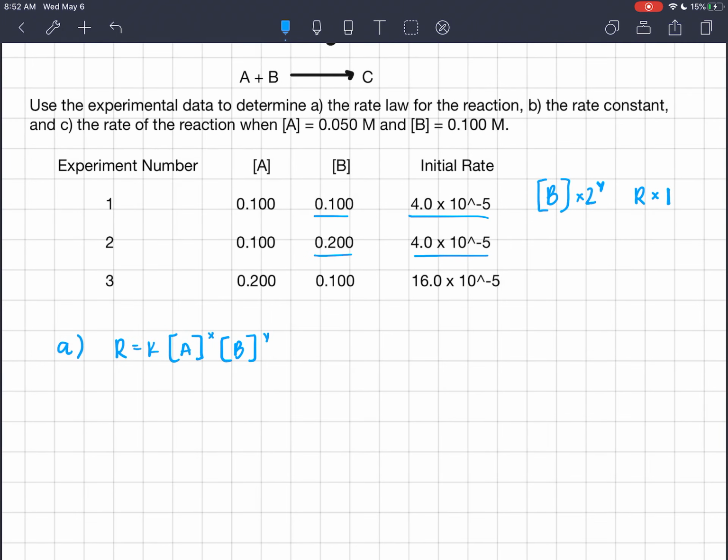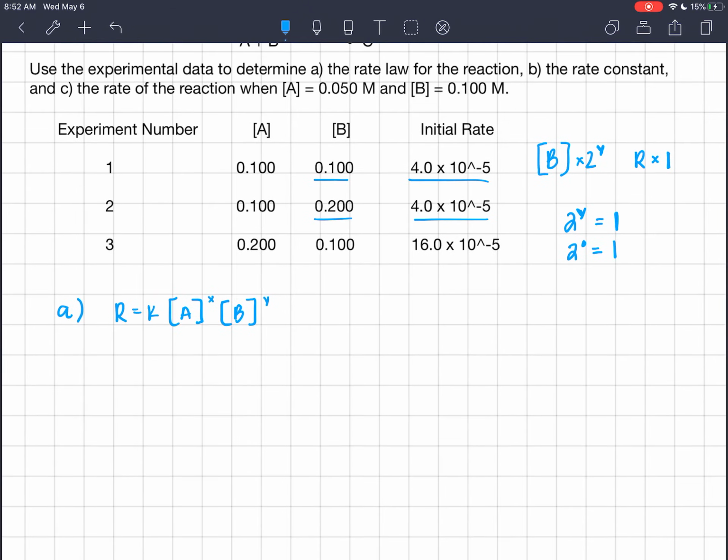So what does 2 have to be raised to in order to get this factor of 1? If I raise 2 to the 0 power, that would get me my factor of 1. So that must mean that the reaction is a 0 order reaction in terms of B.